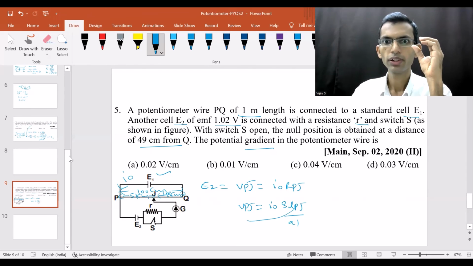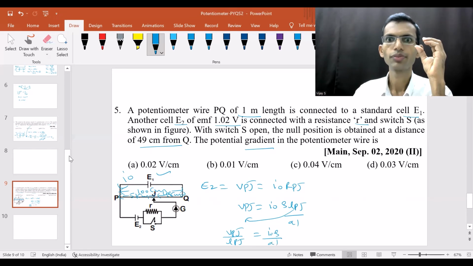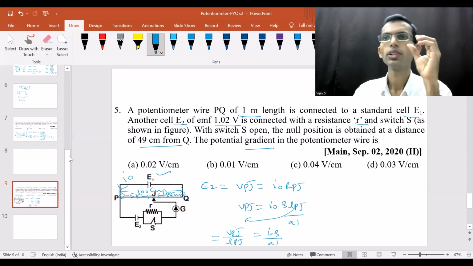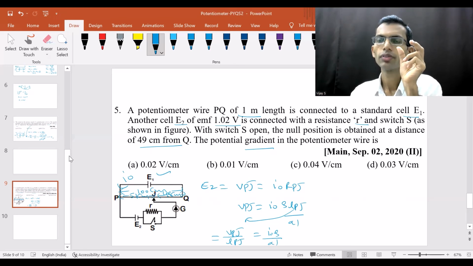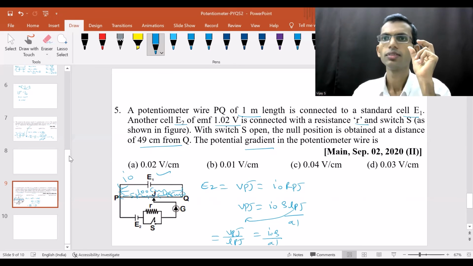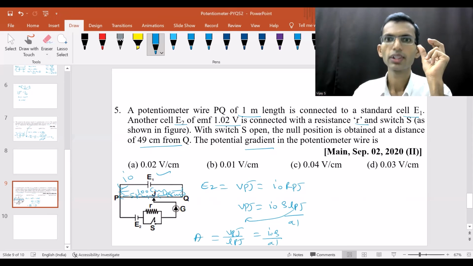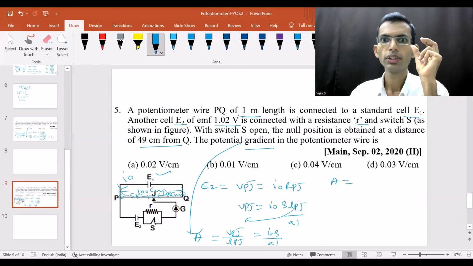When we take LPJ to that side, we get VPJ by LPJ equal to I0 rho by A dash. Fine. VPJ by LPJ is the potential difference across the length of the wire per that length of the wire. So that is called potential gradient. That is our objective. So A is equal to VPJ by LPJ.